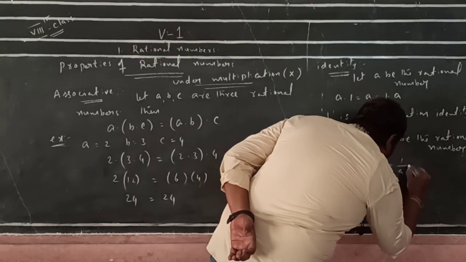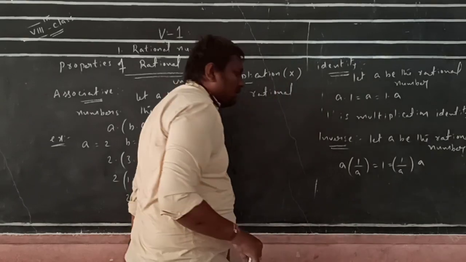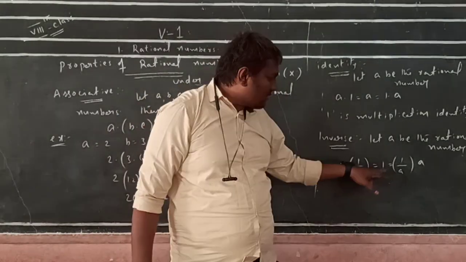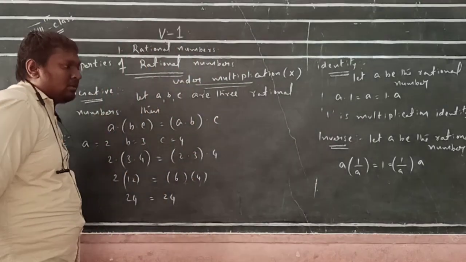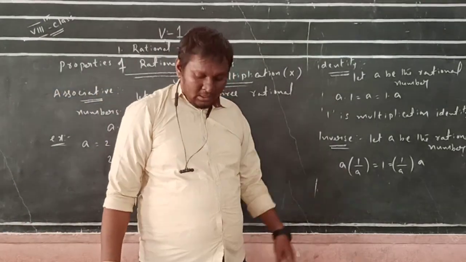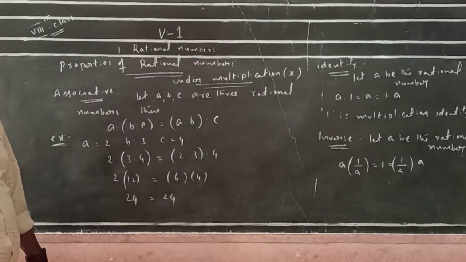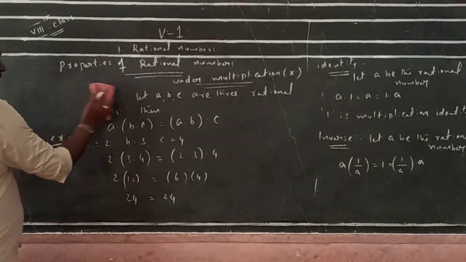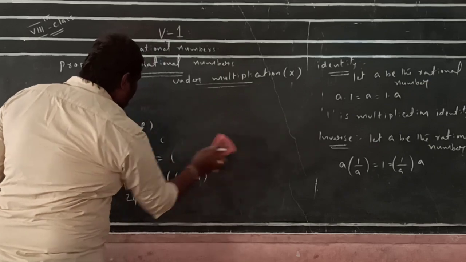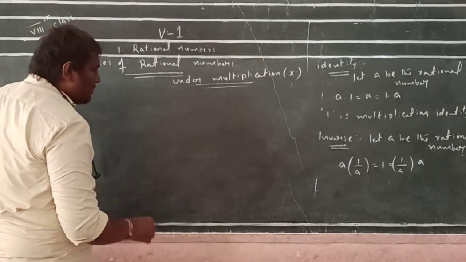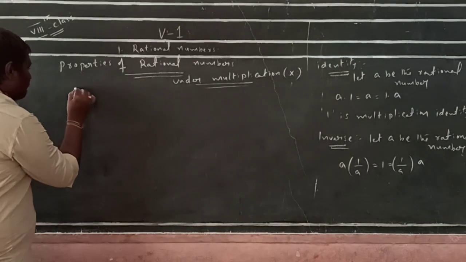This is the condition of A to 1 by A. That is, we get the same answer. That is the inverse condition. Here one more property is there, in multiplication, that is distributive property. One more property is there, that is distributive property.